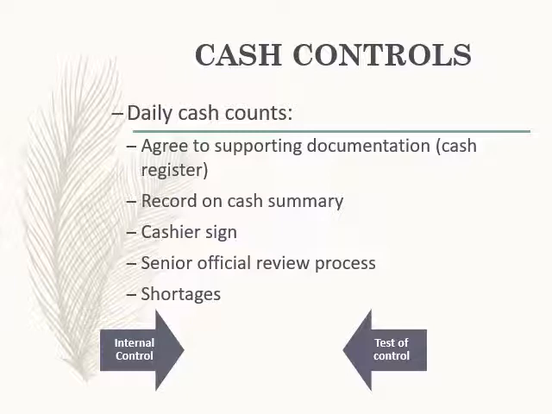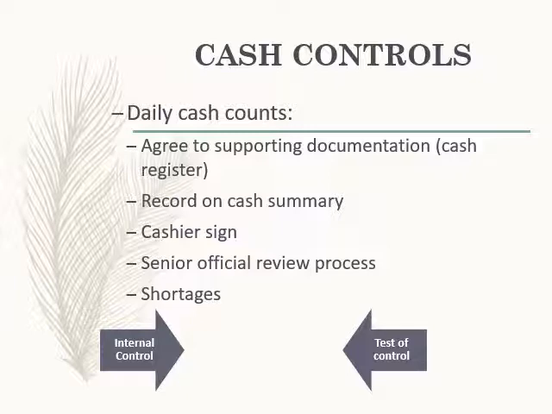And then any shortages need to be investigated. It is industry practice usually for organizations with large volumes of cash that should there be a shortage, that is then directly received back from the cashier.